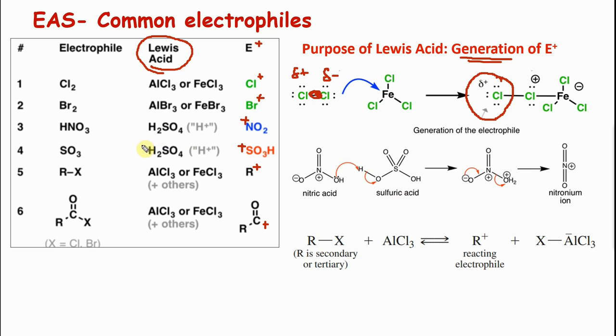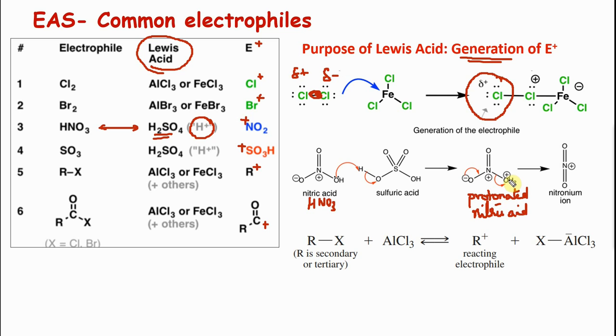Similarly, you want to remember this particular one. Why do you need H2SO4? The Lewis acid property is actually because of the H+ in H2SO4. That H+ will attack the nitric acid, HNO3, and protonate it. When protonated, this is what I get: protonated nitric acid.